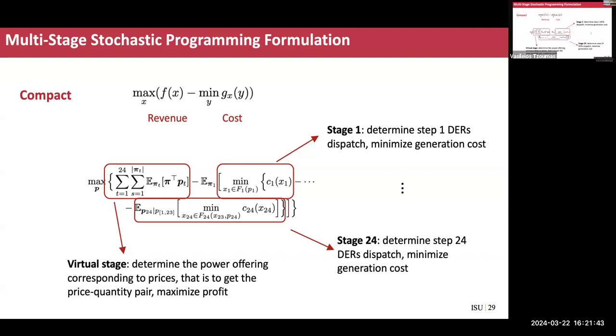And then in stage 1 all the way to stage 24, if you consider a day-ahead problem, you really want to minimize your nested or expected cost to go given this power offering. And this whole problem can be viewed as a two-level problem, where in the first level, you solve this maximization problem. And once this power offering is fixed, you solve this multi-stage stochastic optimization problem here.